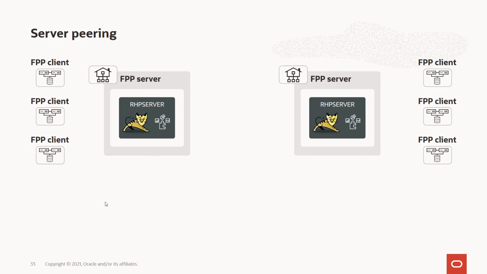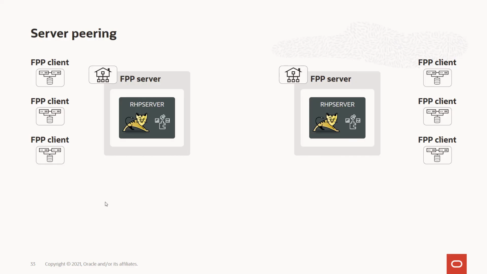We do recommend to have the FPP server in the same subnet as the database server. And second, there is a lot of transit between the different subnets. So this might be slow to deploy the images on distant targets.